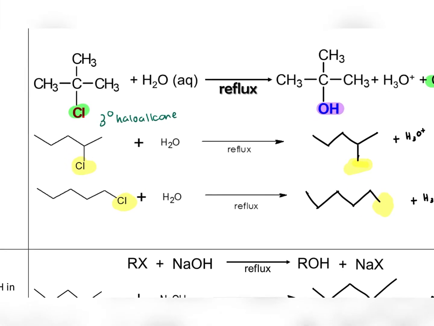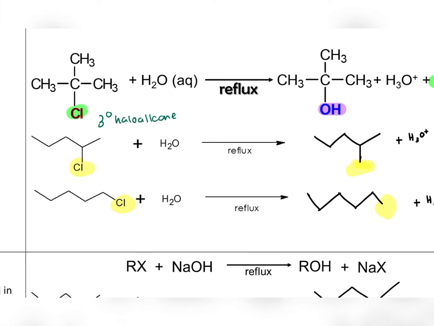So for next example, kita tengok this is your haloalkane and your chlorine attached to carbon that bonded to jiran dia 1, 2. So this carbon here adalah secondary carbon. So maksudnya haloalkane ini adalah secondary haloalkane.